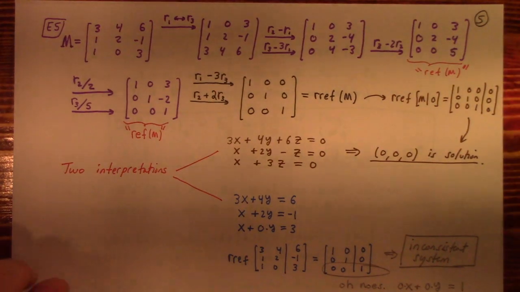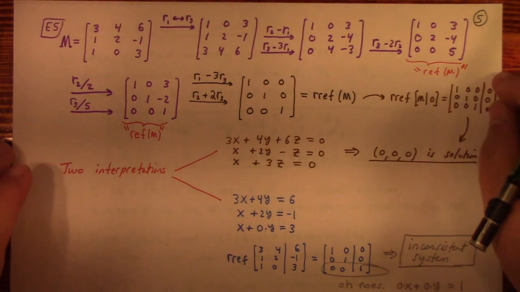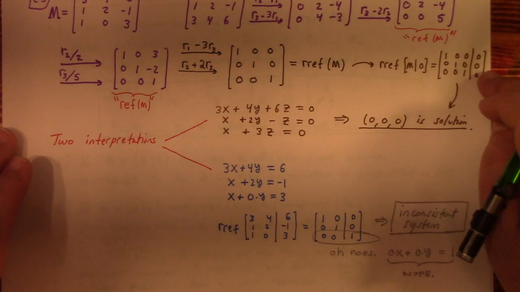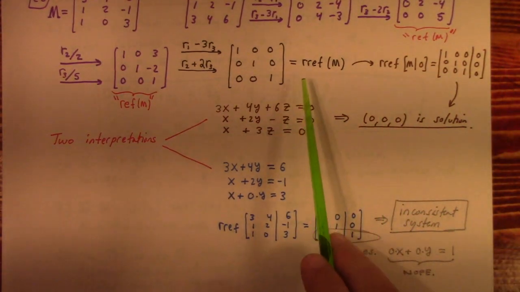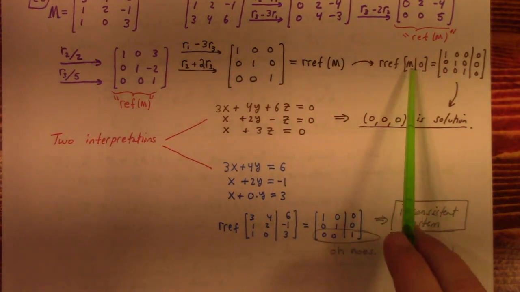There's 2 things we could do with this. Well, there's at least 2. There might be more. My imagination just showed me 2 at the moment, okay? One thing we can do is, if we slap on another column of zeros, nothing changes.